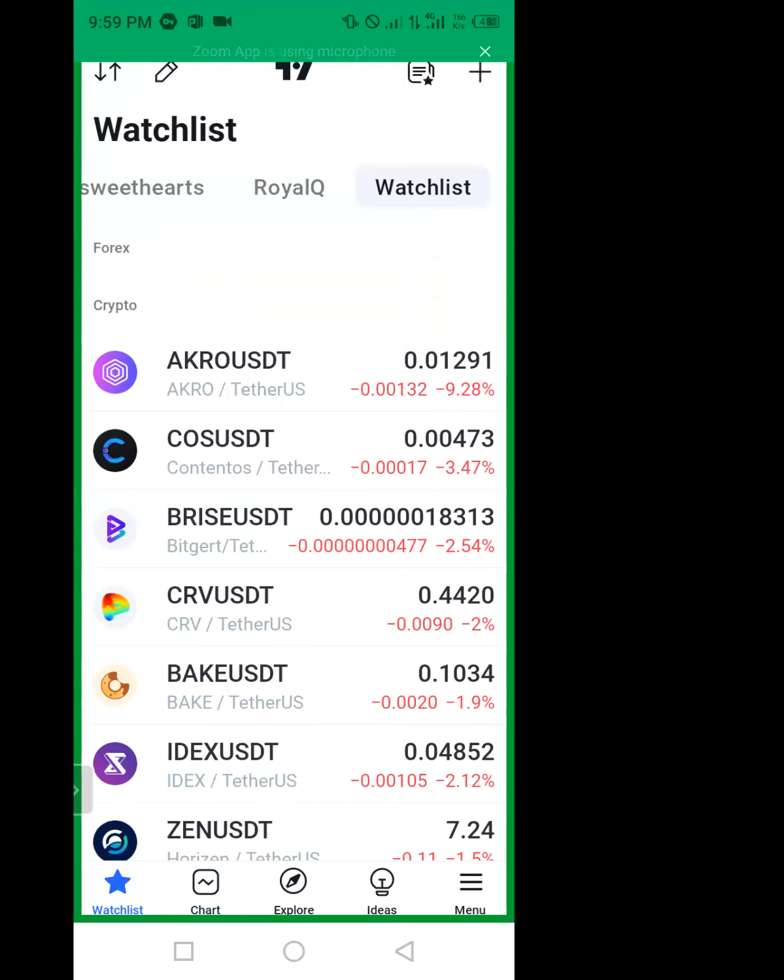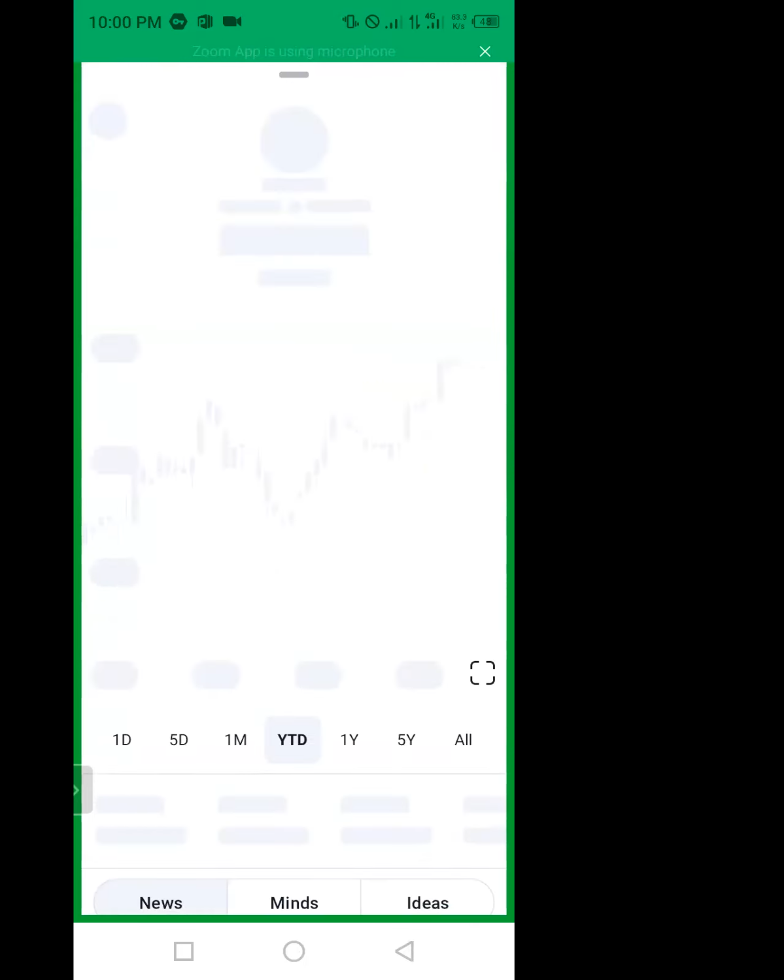Even for those who are not in it now, first wait until it drops to the lowest. It might go down to 0.011. For now, it is at 0.01293, but it will go there, and then we shall buy it from there.